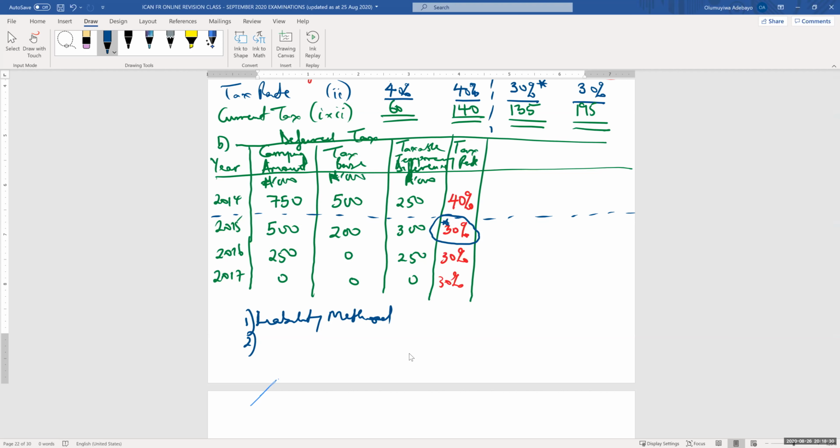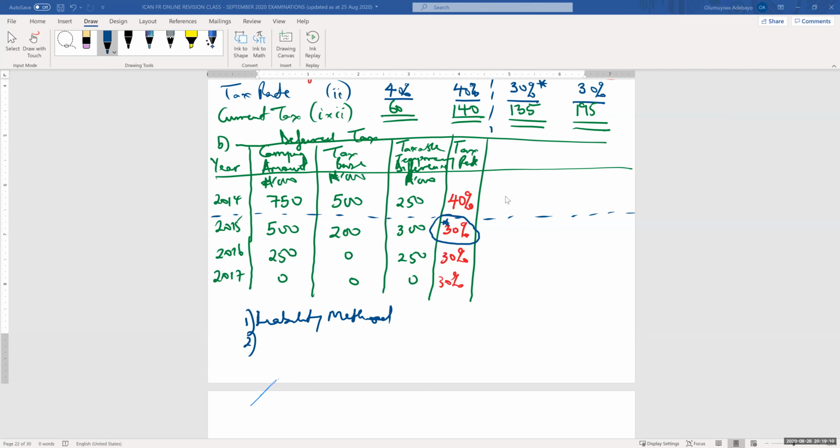Now, the liability method assumes that the effect of deferred tax change in tax rates applies in the year the pronouncement was made, because by liability, there is a present obligation which shows that as at when it crystallizes, it's going to crystallize at the rate of 30%, not at the rate of 40%.